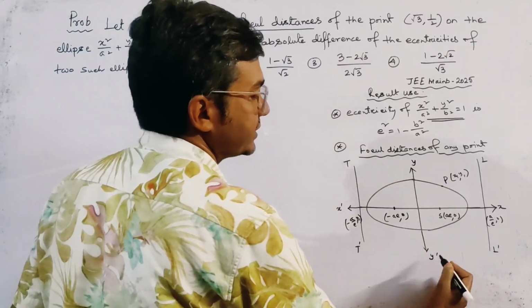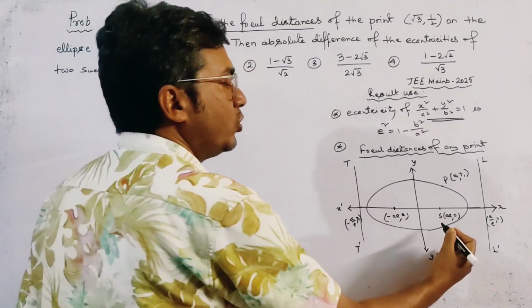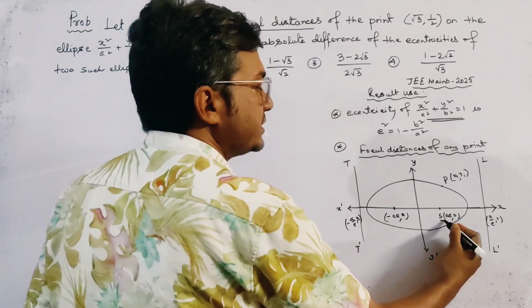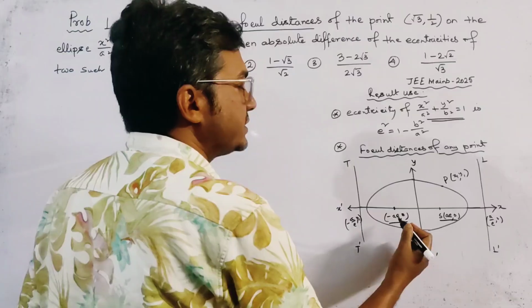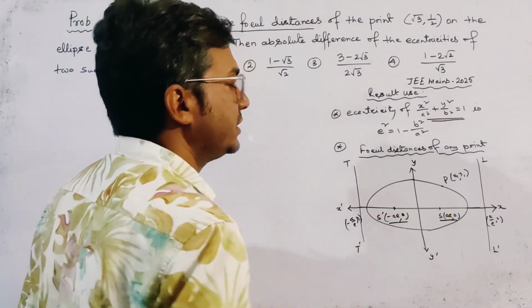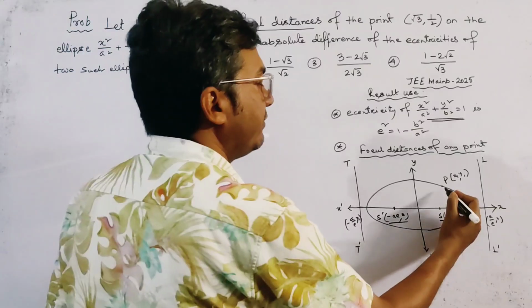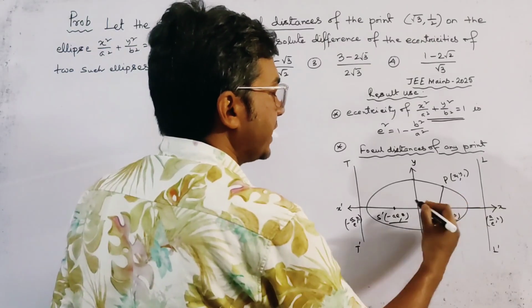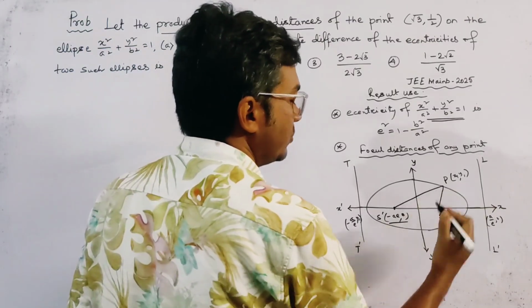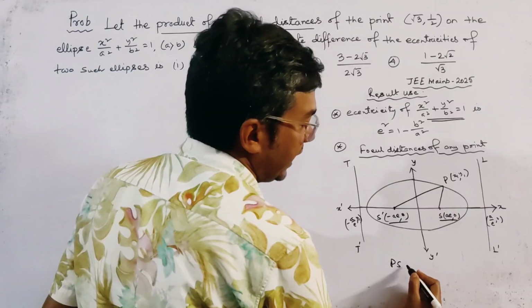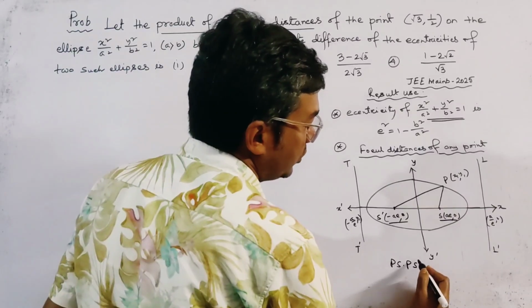The coordinates of the two foci are S(ae, 0) and S'(-ae, 0). We have to find the values of PS and PS', and make the product of these.